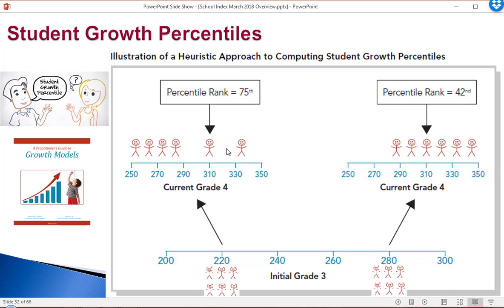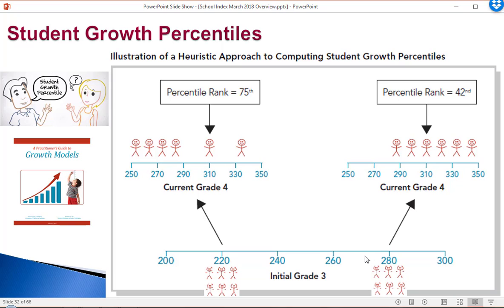If we isolate this student here who scored a 310, we would say they scored better than 75% of the students who had the same previous score in third grade. So now in fourth grade, they scored higher than 75% of students and lower than 25% of students. So we say they have a student growth percentile at the 75th percentile.